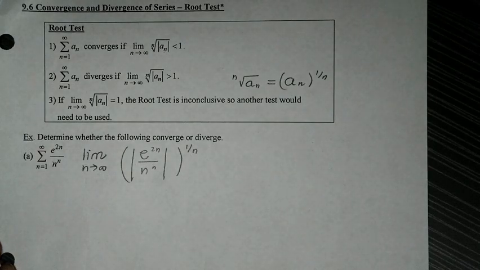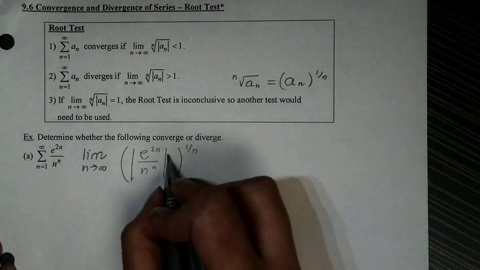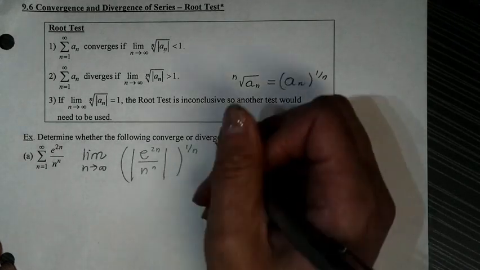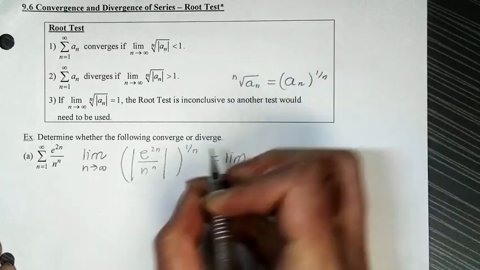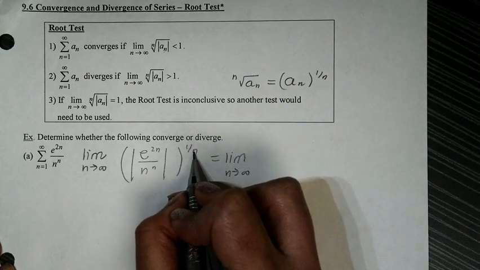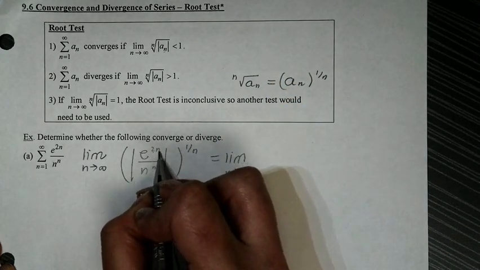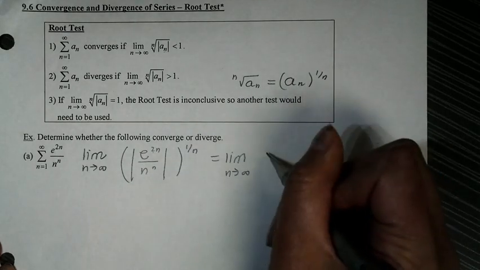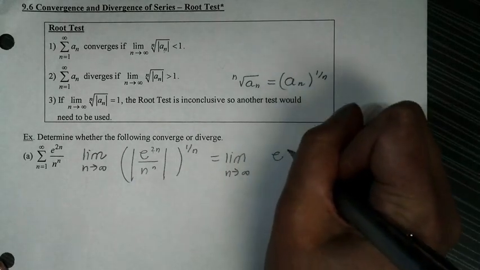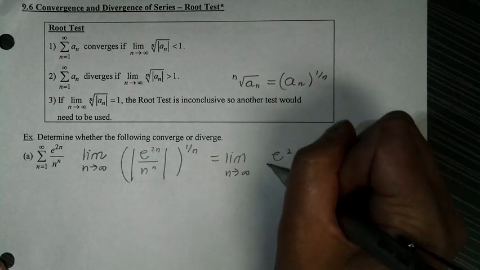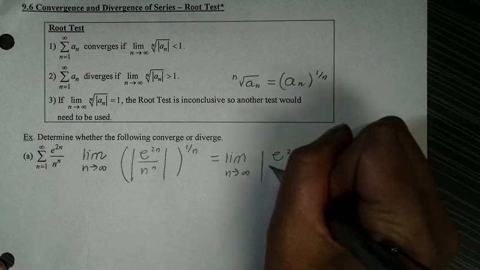Since you have the absolute value, using the properties of exponents, this 1 over n multiplies the 2n, so you would have e to the 2n divided by n, which is e squared, which you know is positive. We can keep the absolute value to be safe.